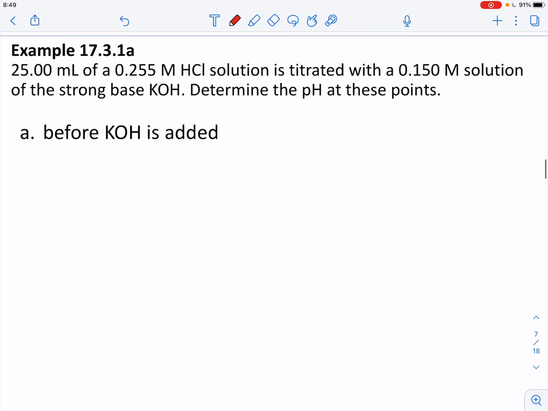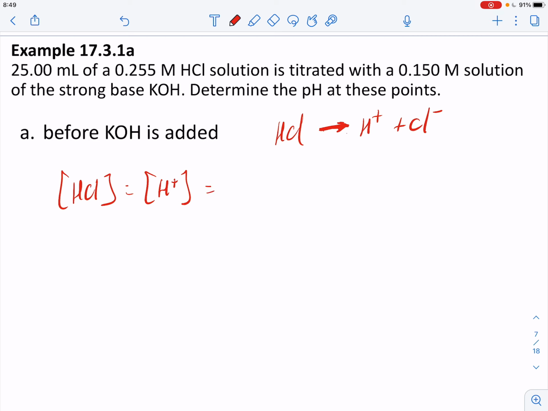Okay, before you add any KOH, the concentration of HCl is going to be equal to the concentration of H plus, because in water HCl will go to H plus plus Cl minus. This is not an equilibrium reaction, this is a strong acid, so it's completely ionizing in water, and this is going to be equal to 0.255 molar.